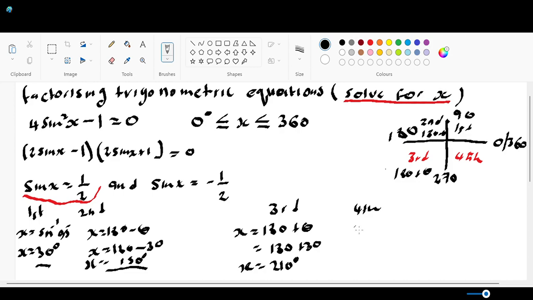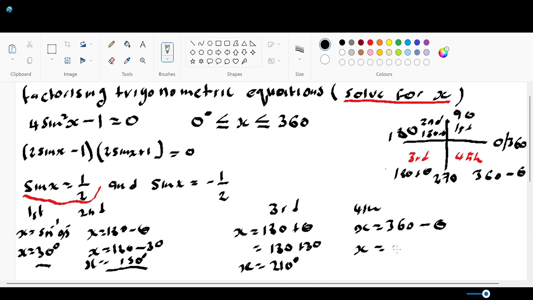Then in your fourth quadrant, again, how do you represent the fourth quadrant? It's 360 plus theta. Oh, sorry, minus theta, guys, not plus theta. Minus theta. The fourth quadrant is 360 minus theta. Now x is going to be 360 minus theta.